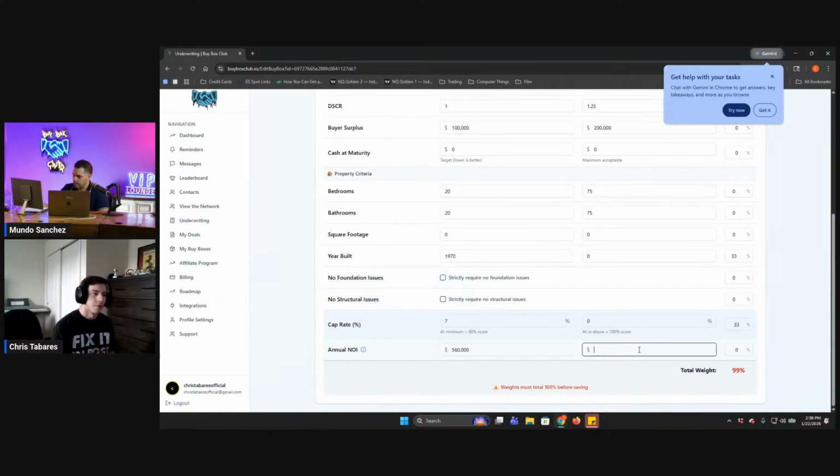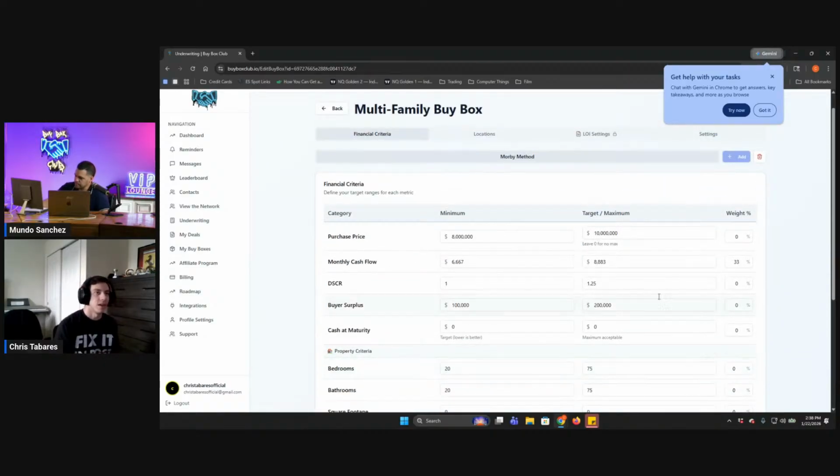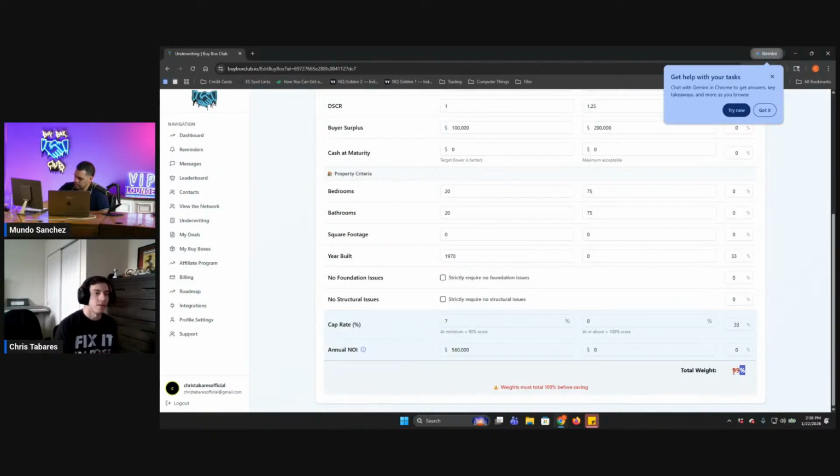I feel weird about putting a maximum on NOI or cap rate, because there is no maximum. Please give me as much as possible. However, I do see that I calculated the 100% a little weird here.